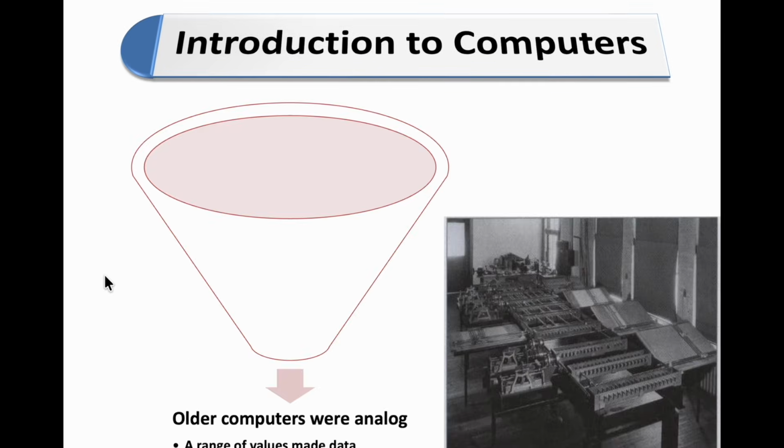We also have examples of older computers, and you know that the older computers were analog, where you have a range of values which make the data. In this picture, you can see a mechanical computer. The computer works based on a few mechanical gears. Physically, the computer is very big and the processing is very slow as well.